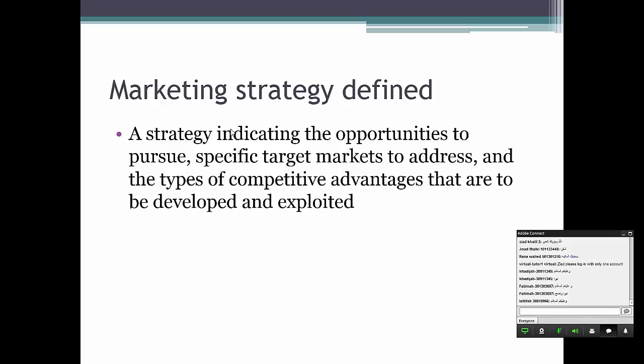So in the strategy we identify the opportunities, and also we try to define the objective or the target markets that we want to operate in. Also in the strategy we define what we call the competitive advantage, and define the tactics or the programs, the marketing programs that we will have in marketing of our products and services.